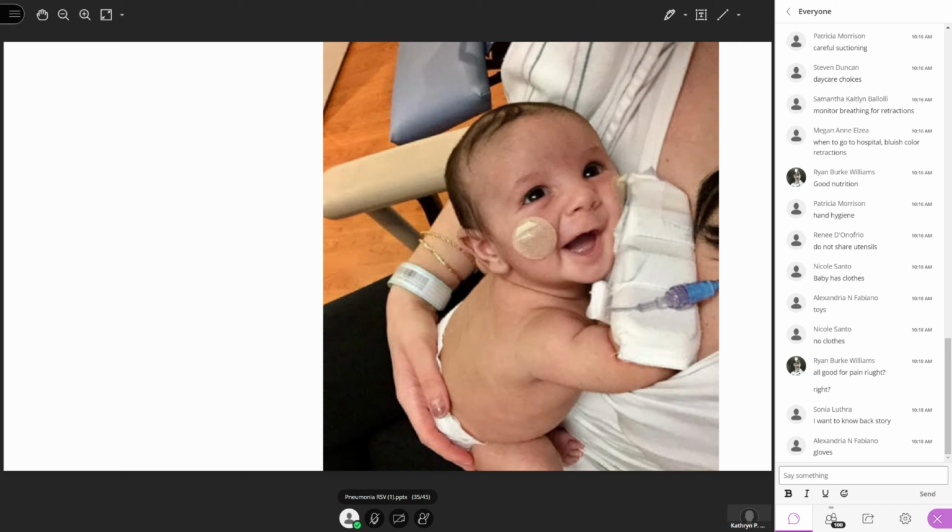Look at the protection, the little circles on his cheeks. That was for the nasal cannula so that it didn't press on the baby's cheeks. But you've got this baby's color is good. He's smiling. His eyes look amazing. And he's happy with his mommy or daddy or maybe the nurse. Maybe he's happy with the nurse.